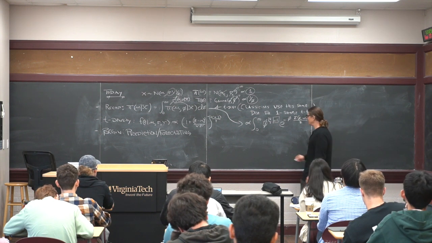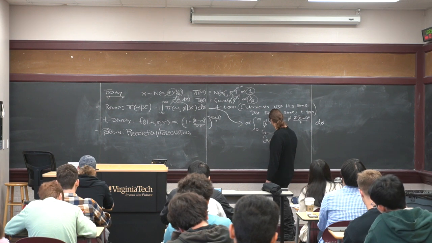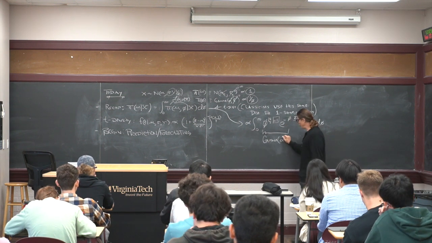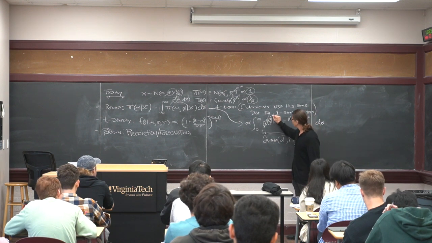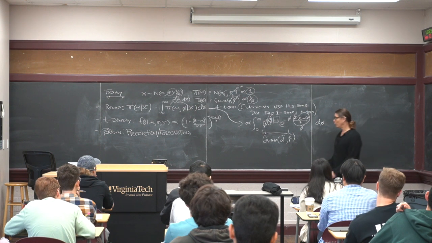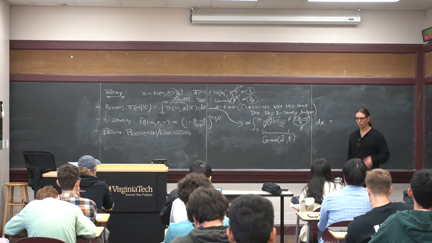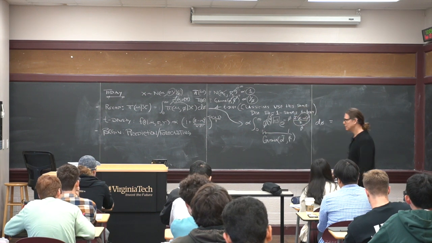So we recognize this as a gamma with 2 parameters. You recognize those parameters here, and you recognize instantly what this integral is. It's the inverse normalizing constant for that gamma.